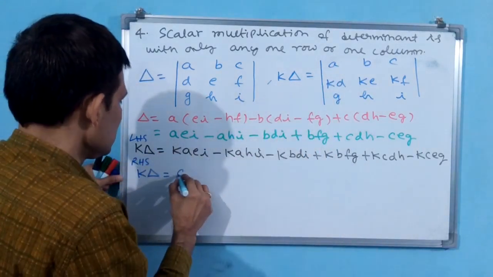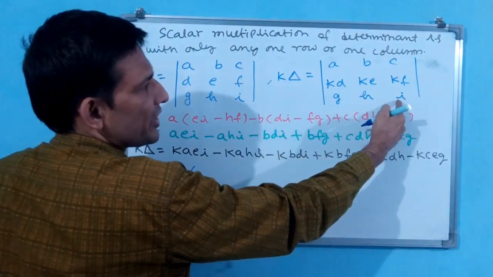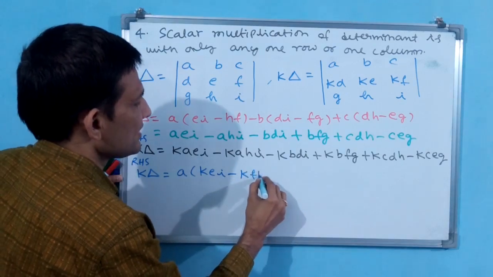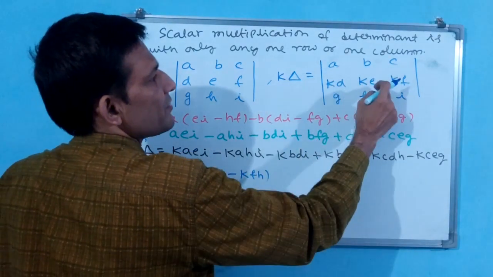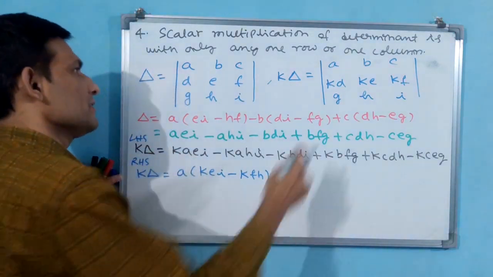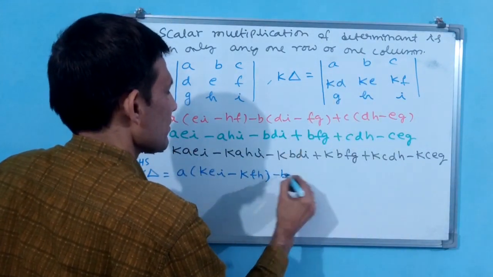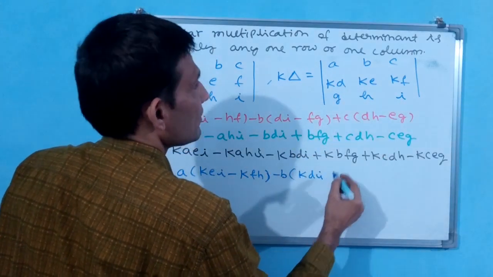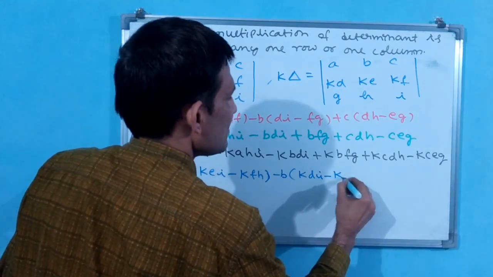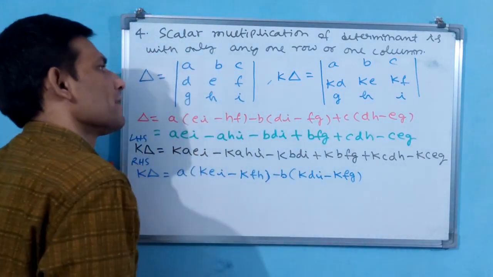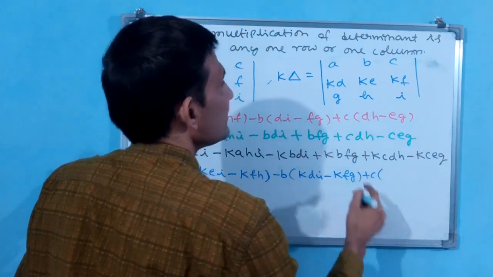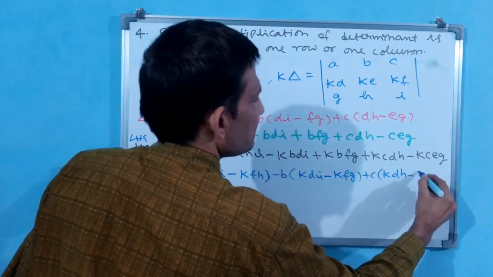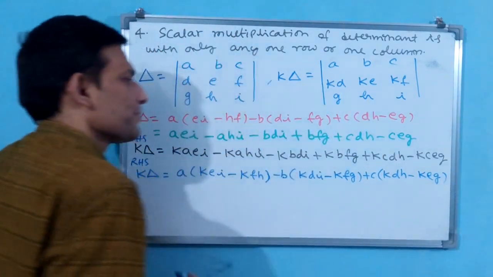You see, A into (KEI minus KFH) minus B into (KDI minus KFG) plus C into (KDH minus KEG). Okay.